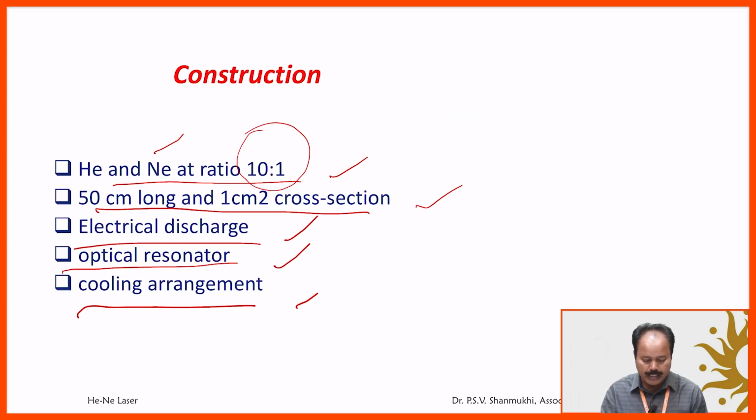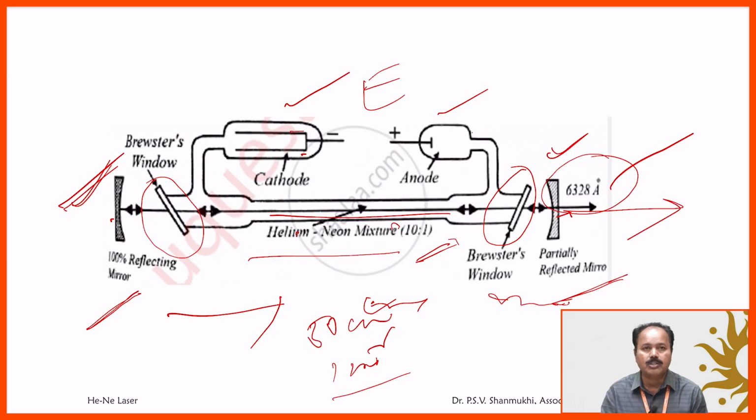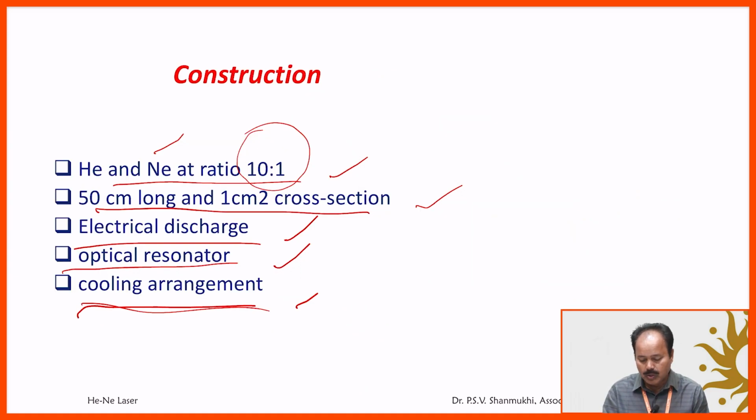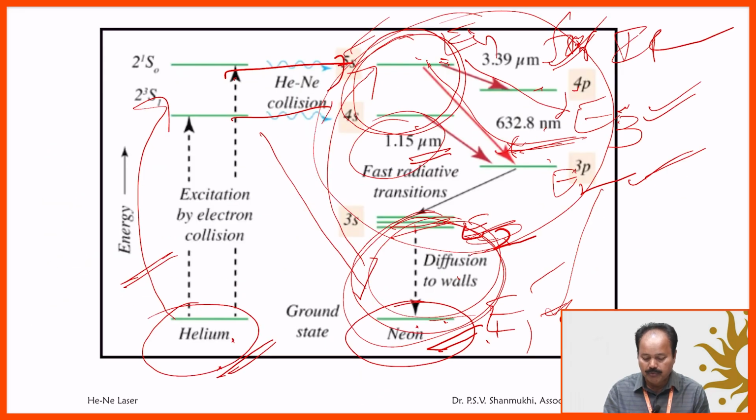And is there any cooling arrangement? Definitely there is a cooling arrangement. Water circulation is provided so that if at all thermal energy is generated, it cools the system. So, this belongs to a 4-level pumping scheme. Different transitions are possible: 33,900 angstroms, 6,328 angstroms, 11,500 angstroms.